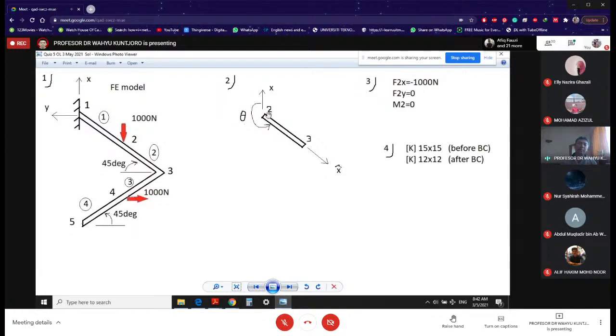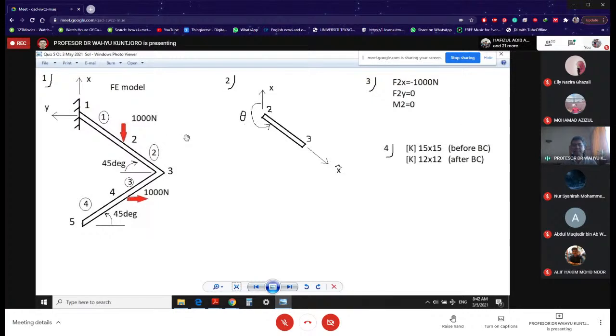So it is going to be 180 plus 45, which is 225 degrees. And the next question is the external forces at node number 2: F2x, F2y, and M2. So that is the answer.